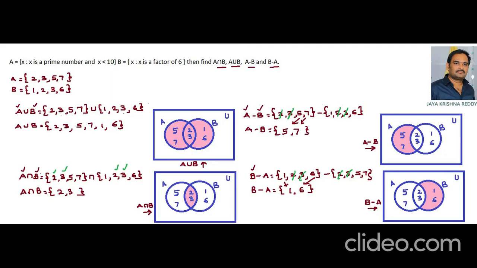In A minus B, the part having elements 5, 7 is shaded. In B minus A, only the part of B having elements 1, 6 is shaded. So the position of elements will not change. Only the shaded region will change for these four Venn diagrams. This is the most important question for the public examinations.